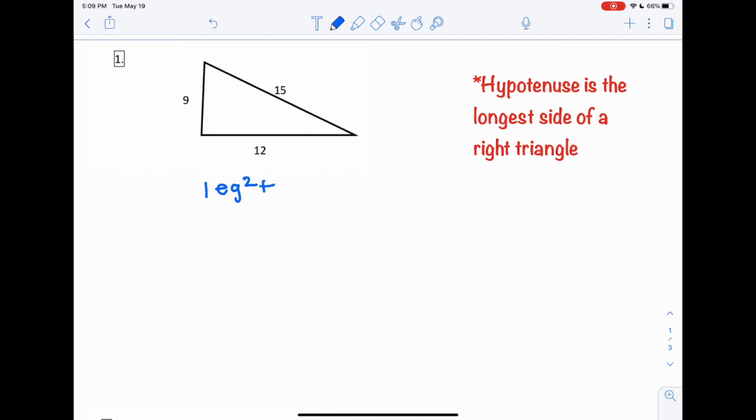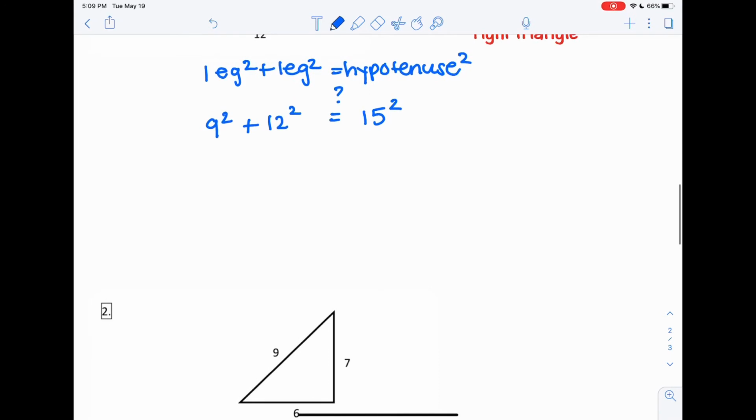Leg squared plus leg squared equals hypotenuse squared, and my longest side here is 15. I'm going to substitute that into the hypotenuse. Okay, so 15 squared, and that means 9 squared plus 12 squared. And we're asking, does 9 squared plus 12 squared equal 15 squared? Well, let's go ahead and solve it.